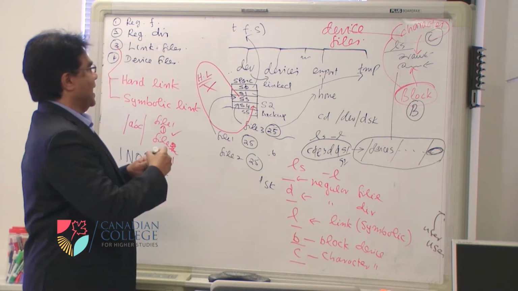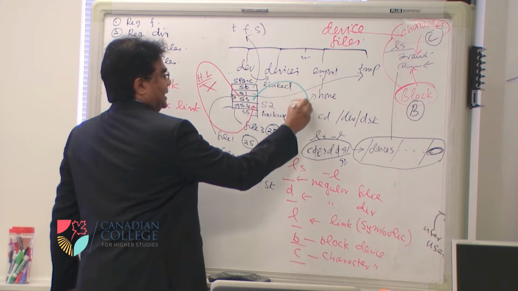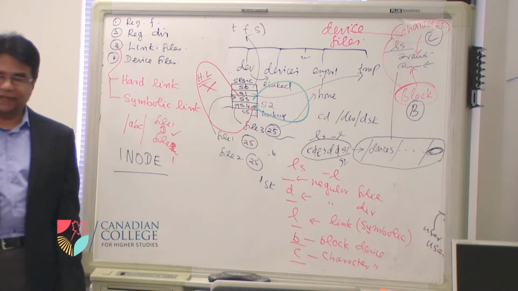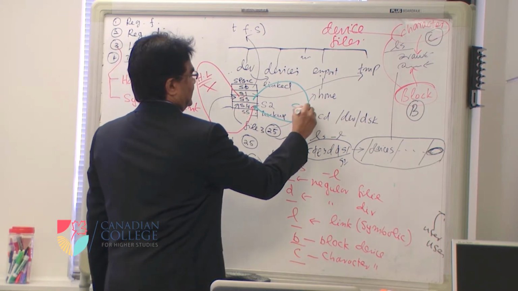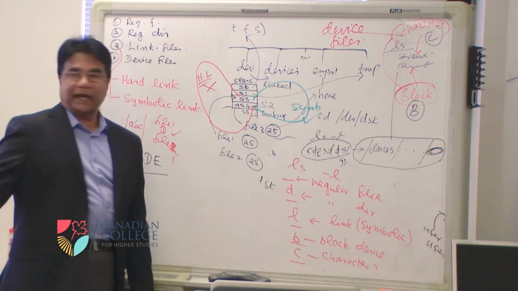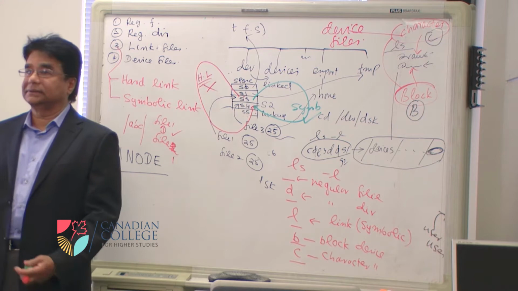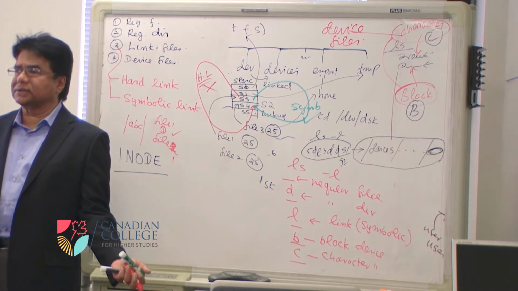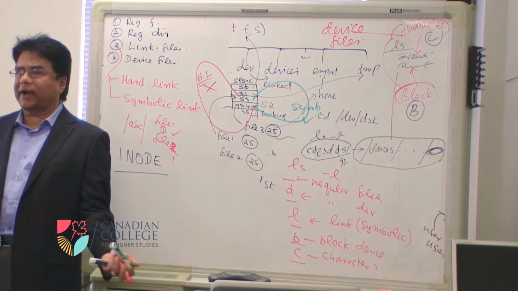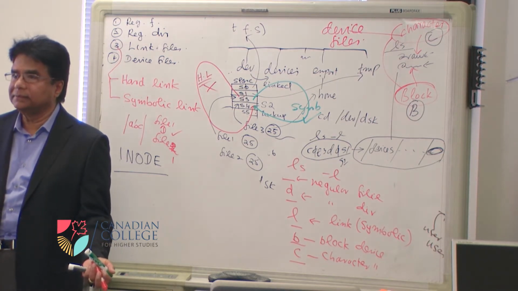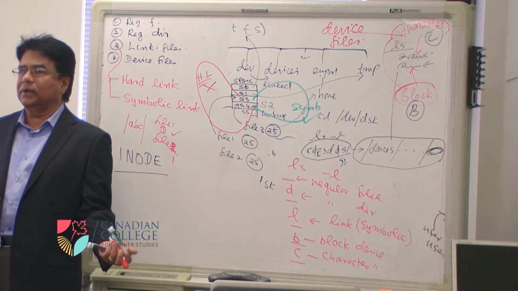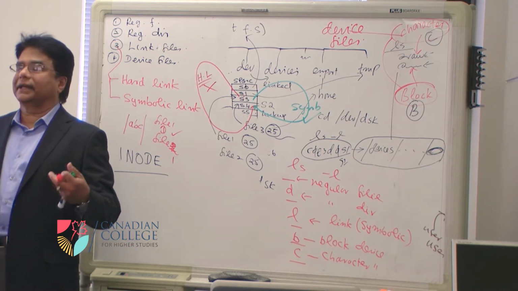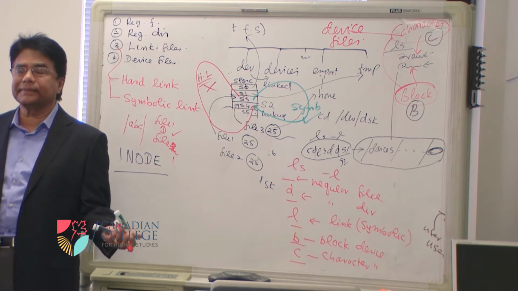Okay, can I have a symbolic link between this and this? Yes. Why? Because it's a pointing arrow. They can have different inodes. Is the file name the same?